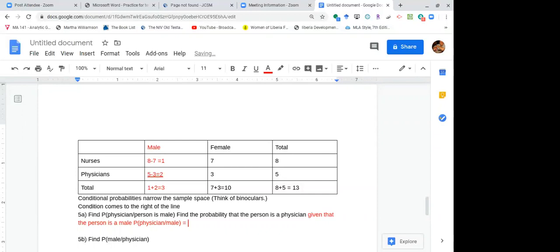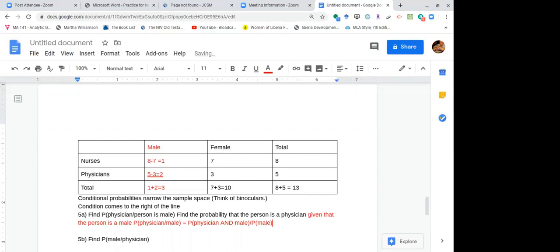equals, now this is the formula, the probability of physician and male divided by the probability of being male.